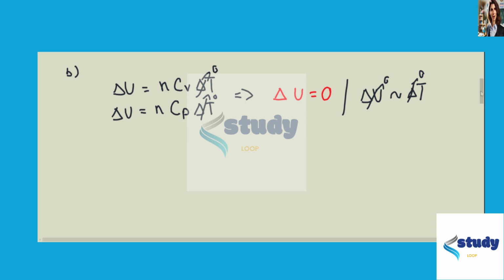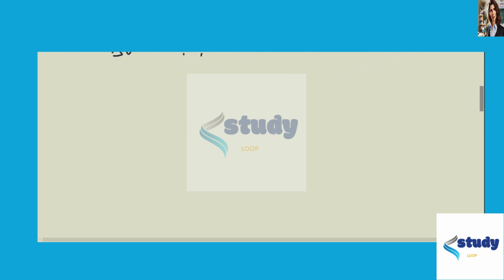Now, for part C of this problem, we need to evaluate the heat flow, or the heat change, to answer the question: is the gas exchanging heat at all? We can evaluate this starting from the first law of thermodynamics.